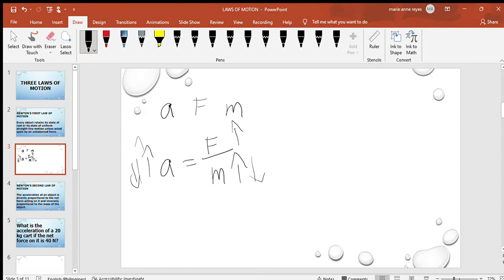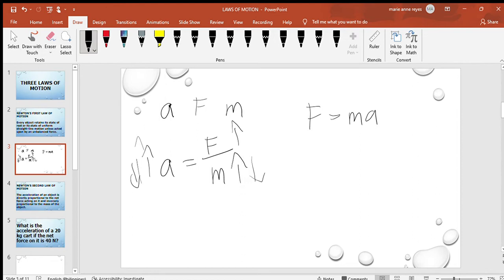So we can also rearrange this equation in the form in which it is most often expressed, which is F equals ma. The force is equal to the mass times the acceleration. So in the metric system, the units of a force will be the units for mass times acceleration.